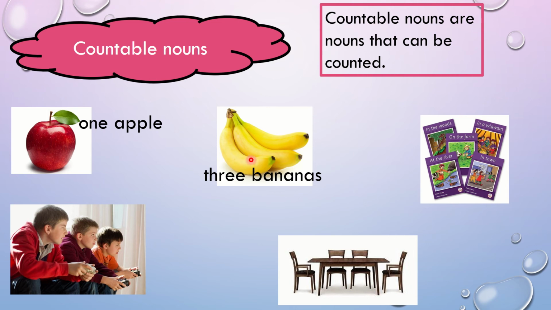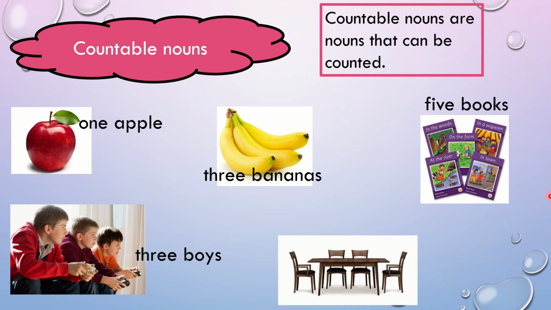We can count them. 1, 2, 3 bananas. Then we have 5 books. 1, 2, 3, 4, 5. 5 books.